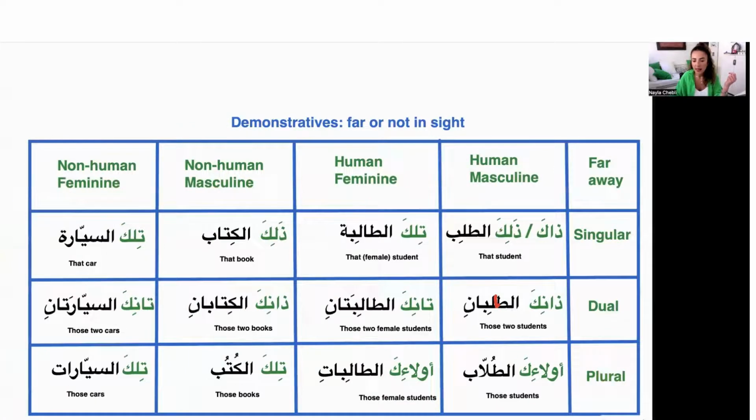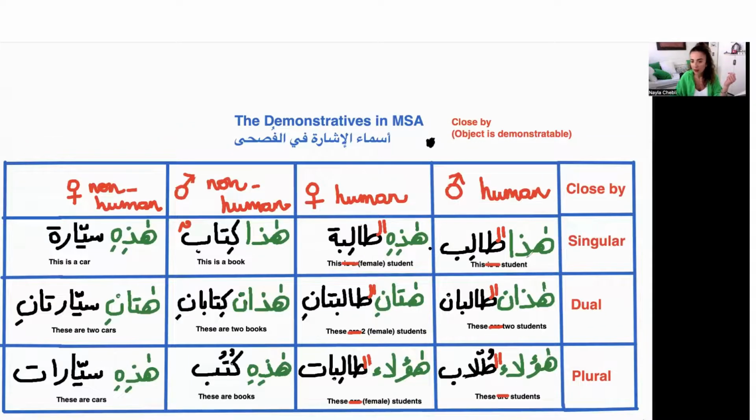However, when it's not a nominal sentence anymore, like here, هذا الطالب, this student, what would be the case ending? It depends on whether هذا الطالب in that sentence is the subject, a direct object, or after a preposition. It depends on the position of هذا الطالب in the sentence. If it's the subject, the case ending is the nominative, الرفع. If it's the direct object, the case ending would be النصب, the accusative.